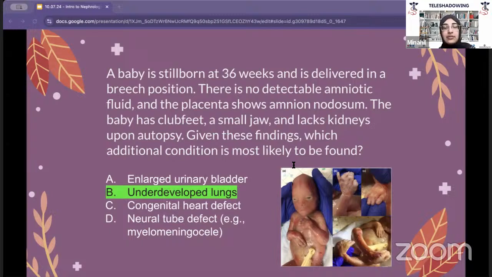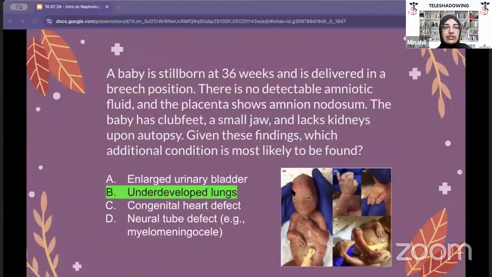The lack of amniotic fluid also affects the development of the fetus's lungs. So pulmonary hypoplasia, or underdeveloped lungs, is a major consequence of Potter sequence. The amniotic fluid is essential for normal lung development because it allows for expansion and stretching of the lung tissues. Without this fluid, the lungs can't expand properly, which results in poorly developed lung structures that are insufficient for sustaining life, aka incompatible with life.